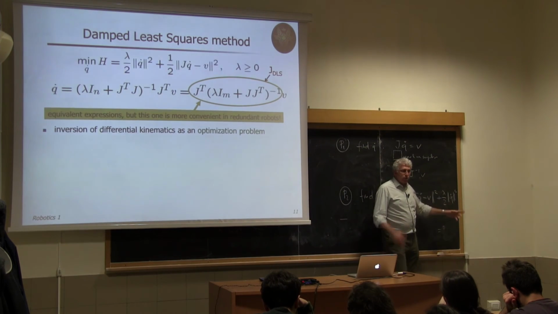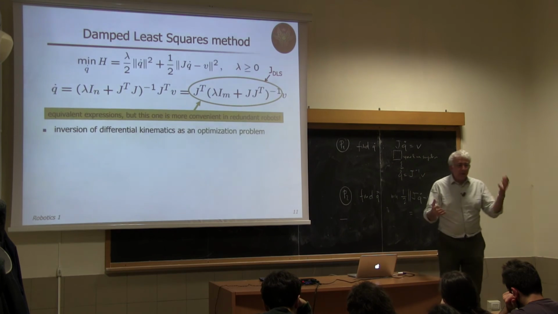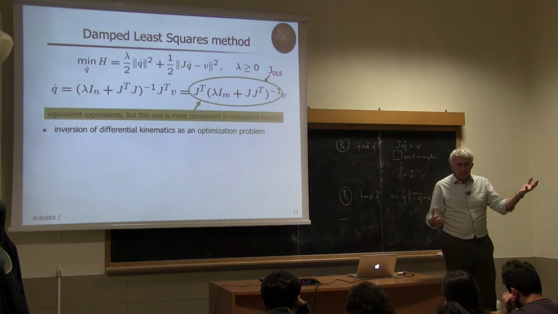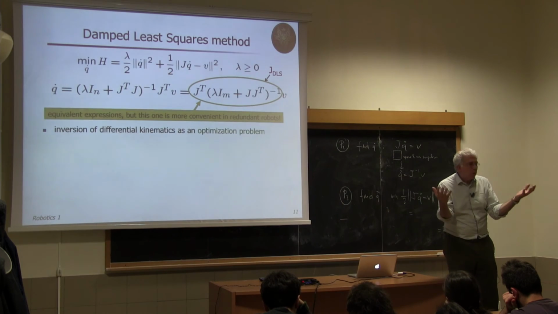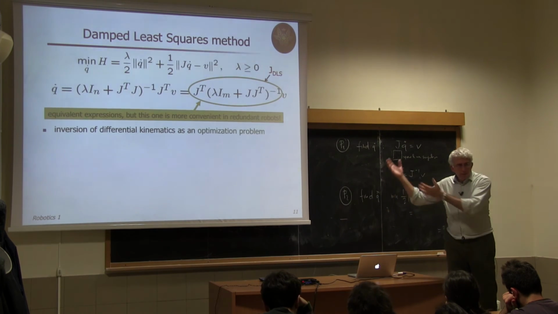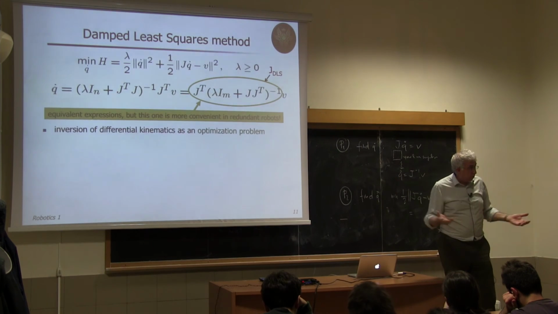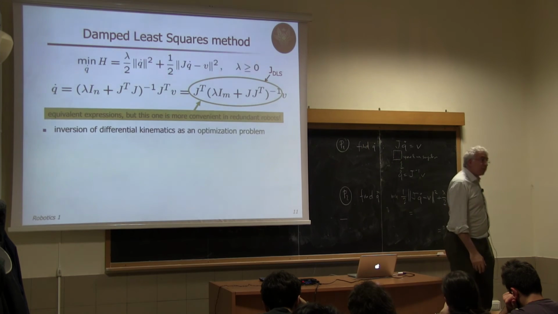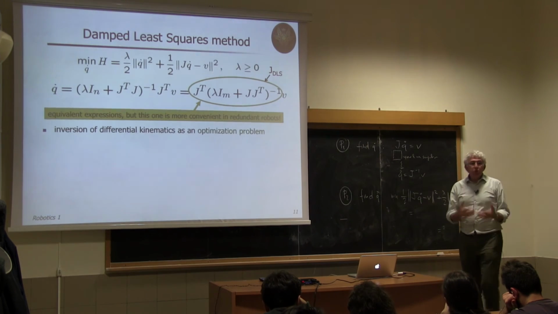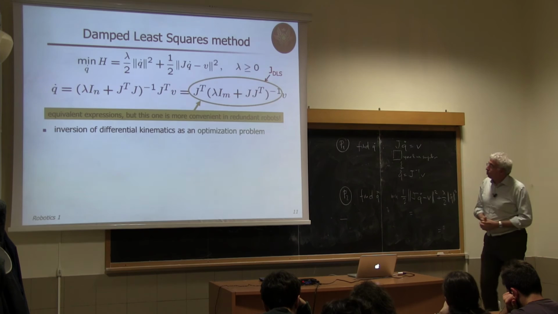Okay? So I'm trying to find a trade-off between realizing the velocity task at the Cartesian level and having small joint velocities, so that the solution probably would compensate for this peak of velocity, because these are very costly in my objective function. If I'm minimizing this function, I should have the best of both worlds.